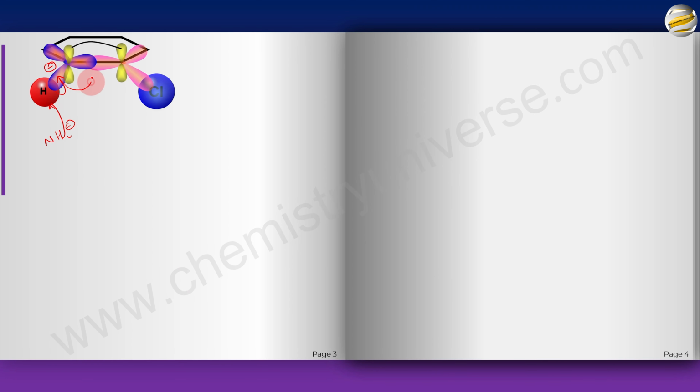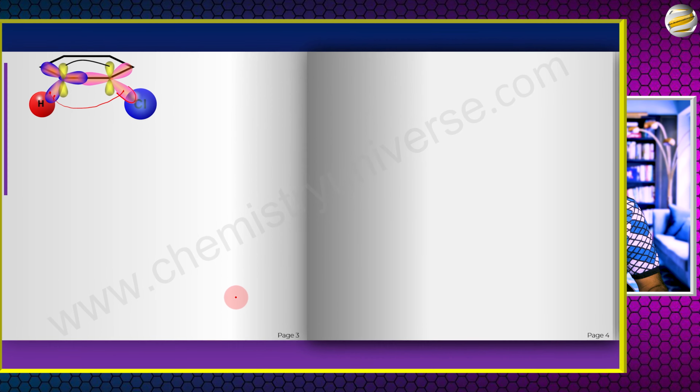Then this attacked in the next step and this left. Now what has basically happened is that this has lone pair. This orbital is empty. So the pi bond that is formed, which is drawn outside the ring, is the pi bond between two hybridized orbitals, one filled and one empty.